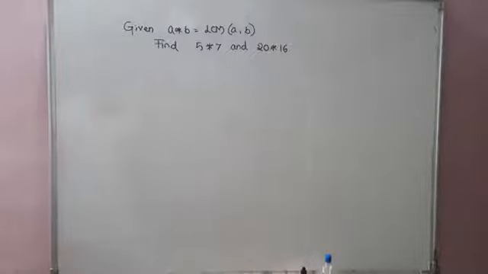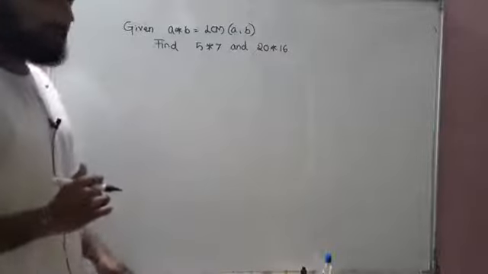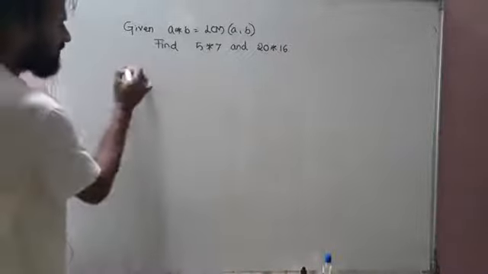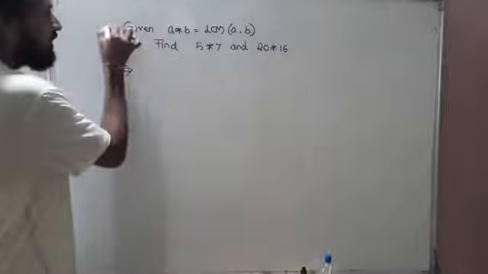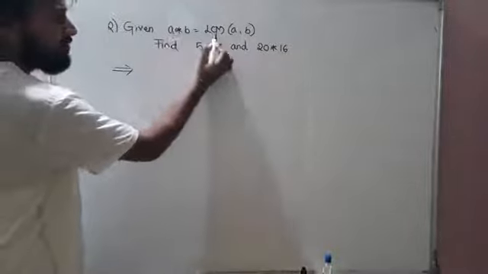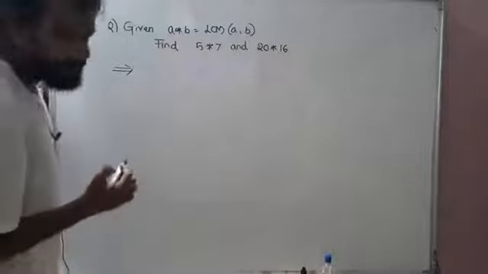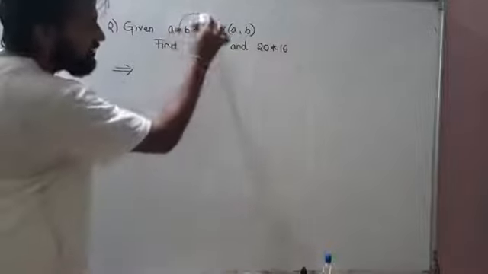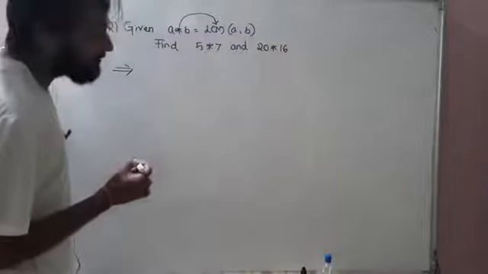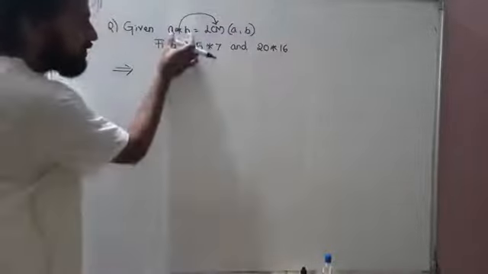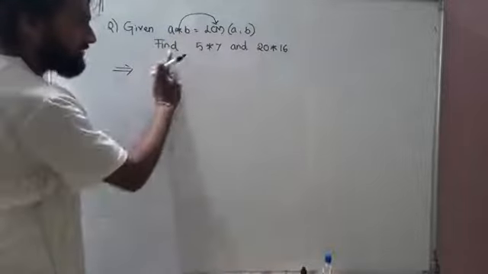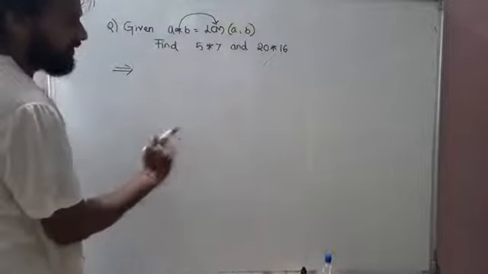Well, dear friends, this is a common question that we always see in the exam, which is for 1 mark. The question says, if A star B is equal to LCM of A and B, what does star stand for here? Star stands for LCM. Okay, between any two elements, you have to take LCM. So in that case, find 5 star 7. It's very simple.